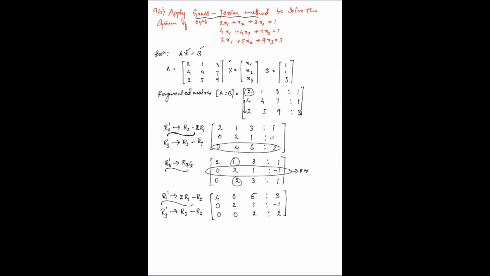So now fixing the third row, you can divide by 2, nothing to worry. You can first divide by 2 and then work it out. R3 is divided by 2. So we get 4, 0, 5 | 3; 0, 2, 1 | minus 1; 0, 0, 1 | 1.